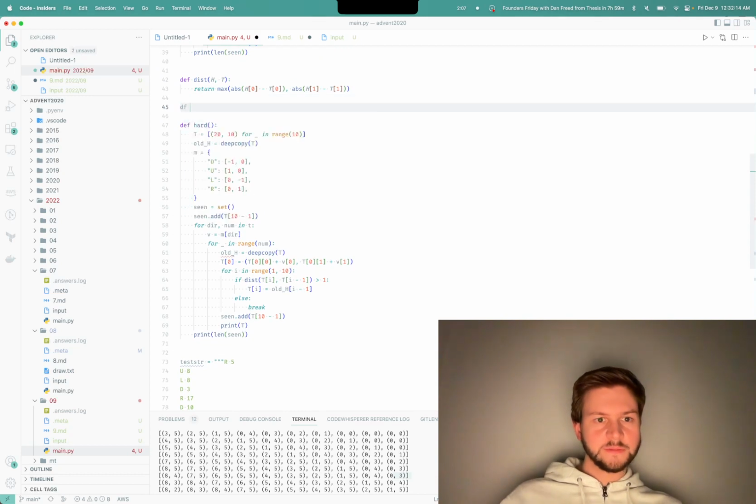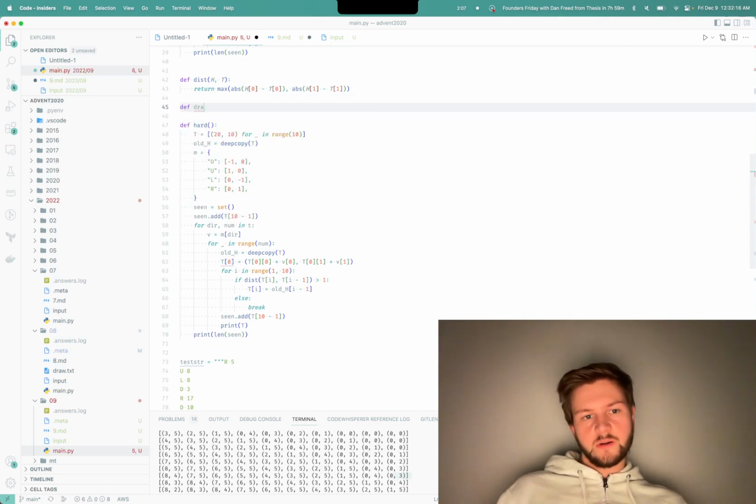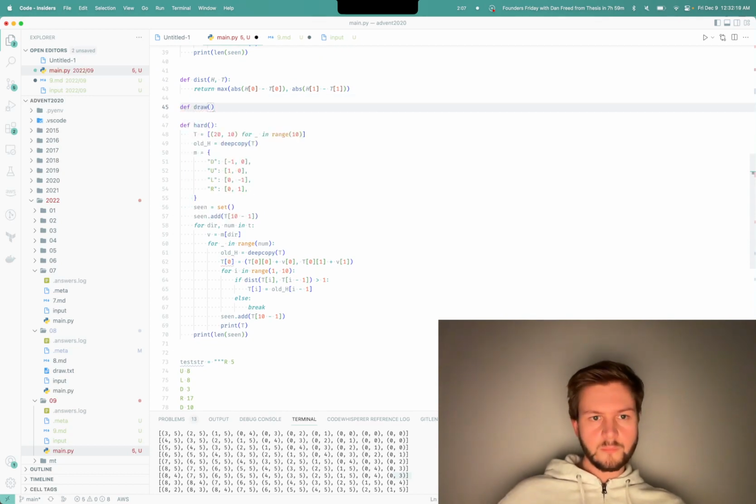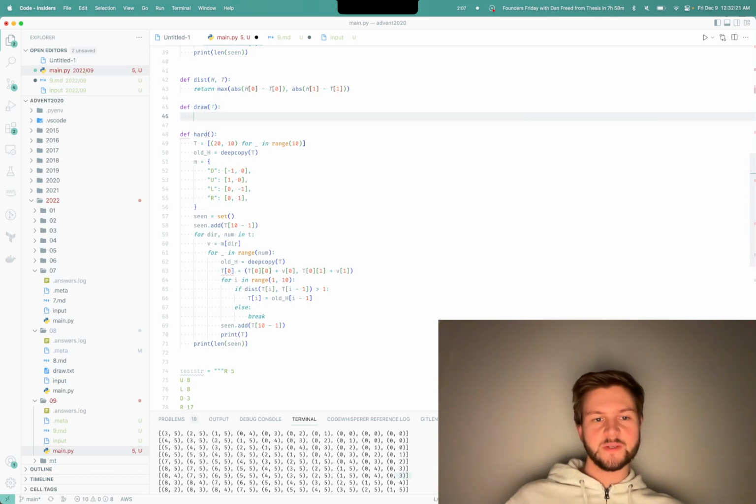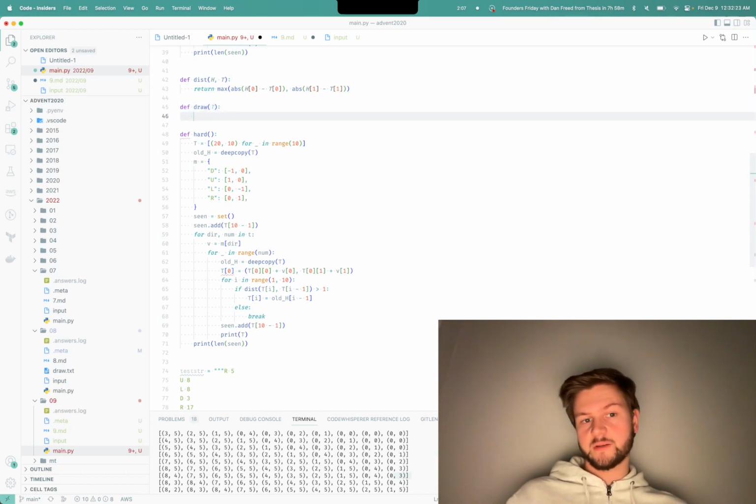And then we're going to have draw of the tail, which is going to have a grid of all dots, and we should figure out how big it is.